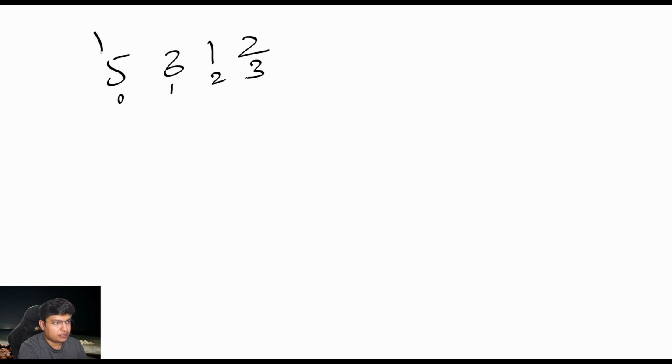Let's say I start with the index 0. I assume that this is the maximum number in my array, and I am going to keep track of the index number. I'm going to call it max I, and in my case max I is 0. Now I go ahead and parse the array one by one.